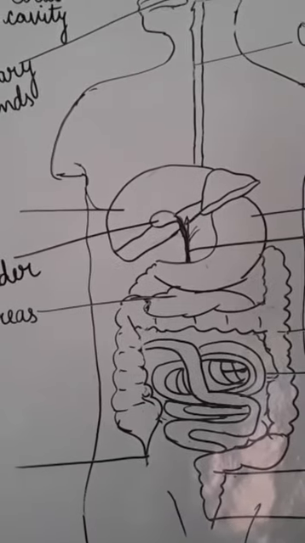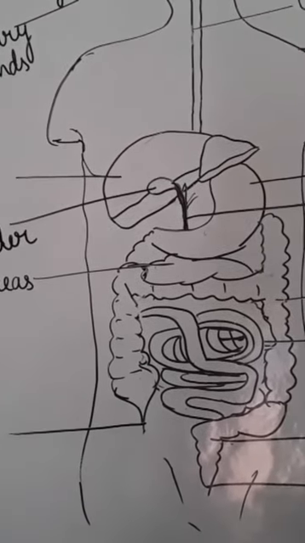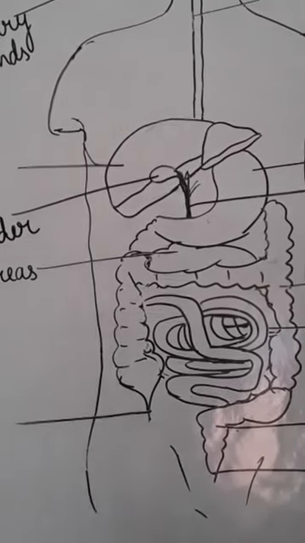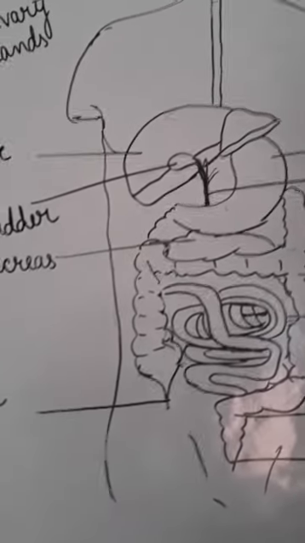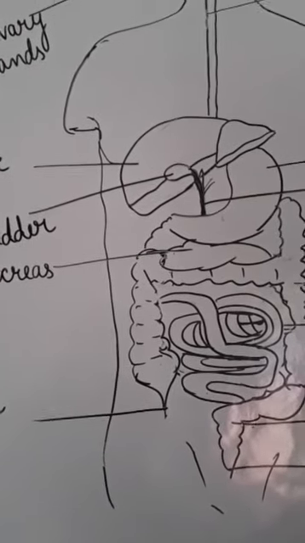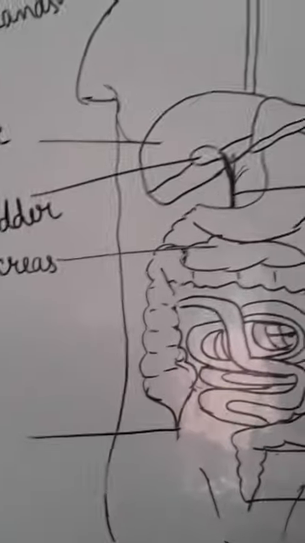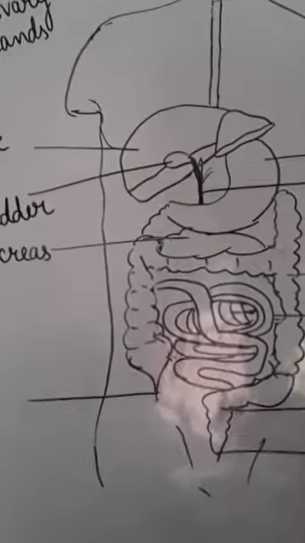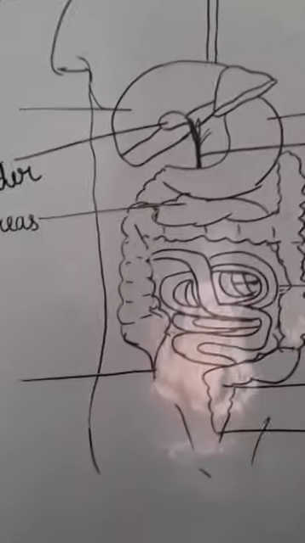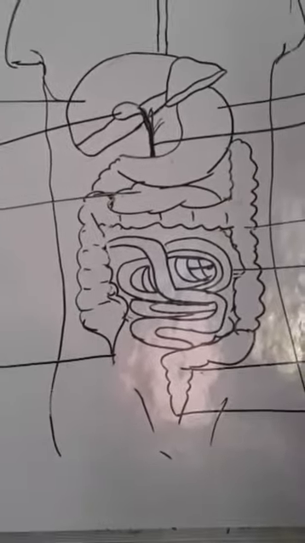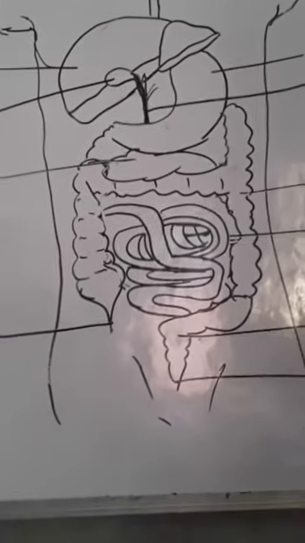The small intestine is a highly coiled structure, and on its inner surface finger-like projections are present, which are called villi. Villi increase the surface area for absorption. In the small intestine, the secretions of various glands also reach.